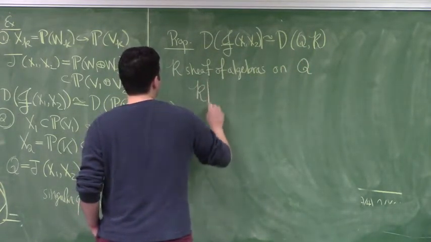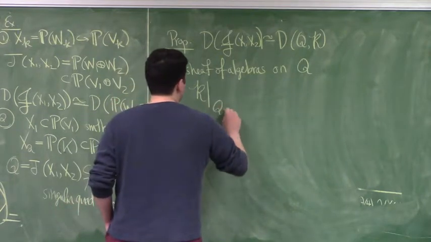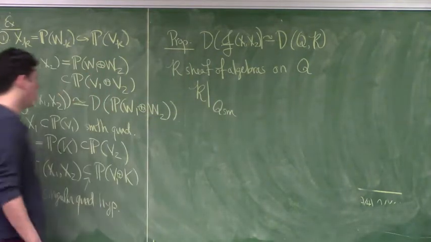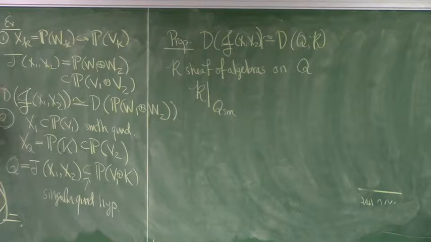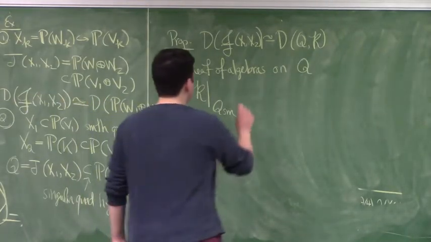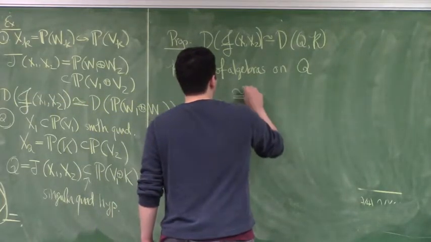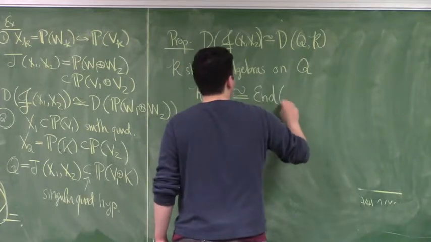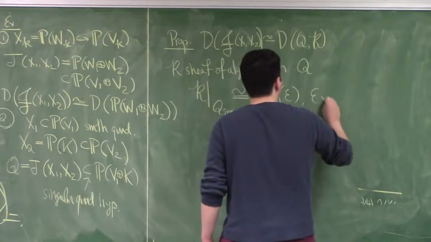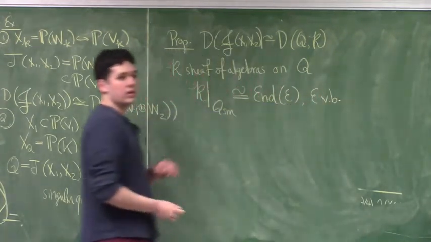If you look at this sheaf of algebras and restrict it to the smooth locus of Q, in other words, to the complement of P(K), then the sheaf of algebras is actually the endomorphisms of a vector bundle on this smooth locus.